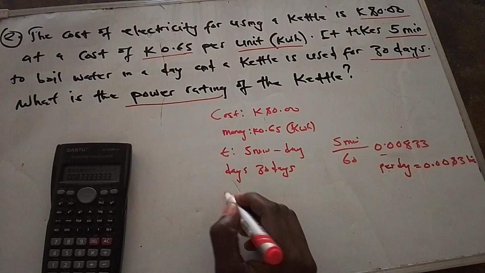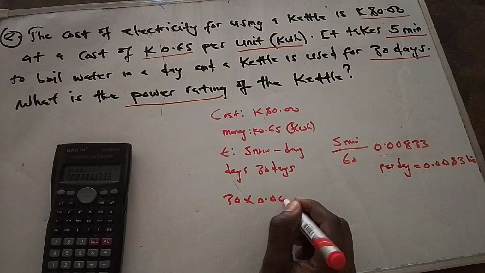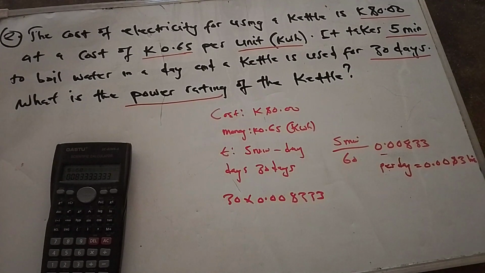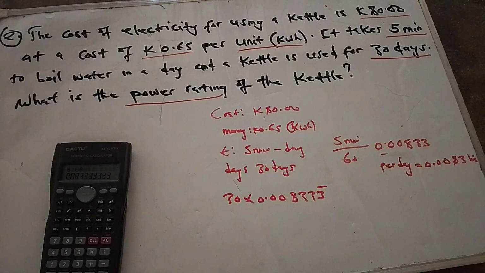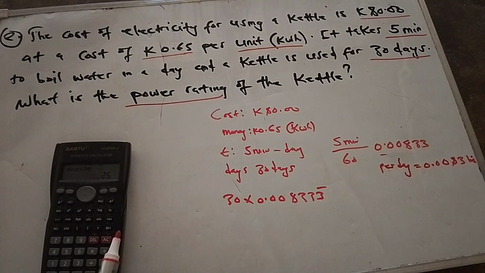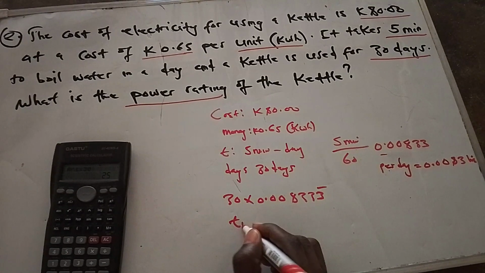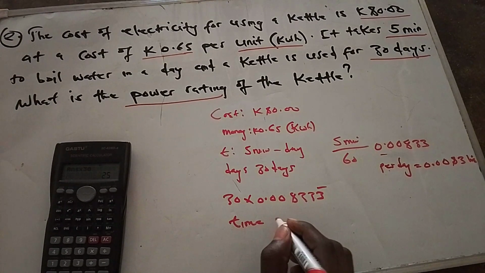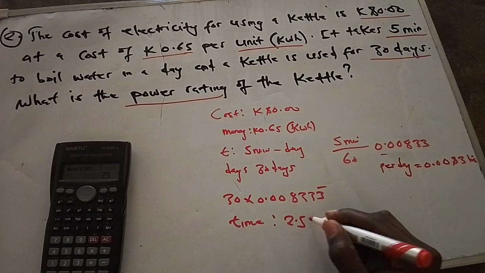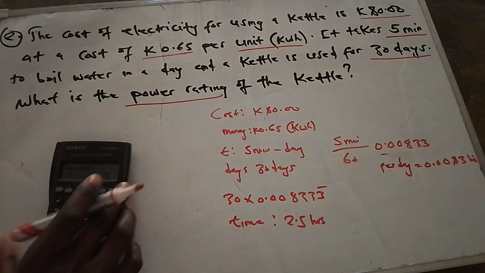Therefore, we will say 30 times 0.00833, the 3's are recurring. If you multiply that by 30 days, you're getting 2.5. So our new time now is 2.5 hours. That is the first part to do.